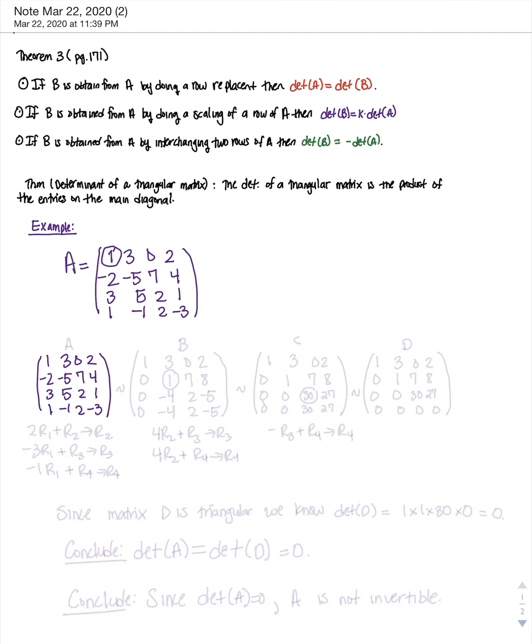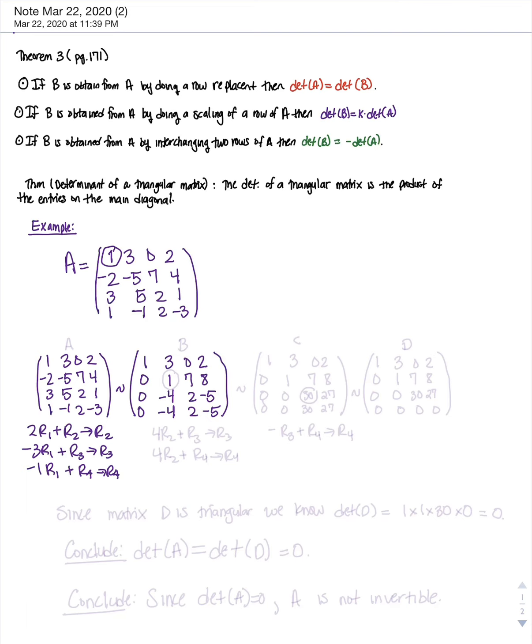So our row operations are going to be 2 times row 1 plus row 2 to replace row 2, negative 3 times row 1 plus row 3 to replace row 3, and negative 1 times row 1 plus row 4 to replace row 4. This gives us the matrix 1, 3, 0, 2, 0, 1, 7, 8, 0, negative 4, 2, negative 5, 0, negative 4, 2, negative 5.